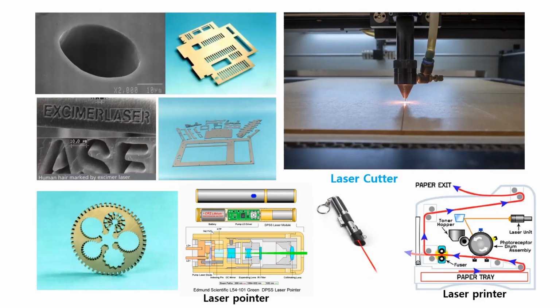This slide shows some examples of laser applications. This is a laser cutter. Using this laser cutter, we can make very small holes in the semiconductor material, or we can write very small letters on the semiconductor material, and we can also make this kind of very complicated structure using a laser cutter.